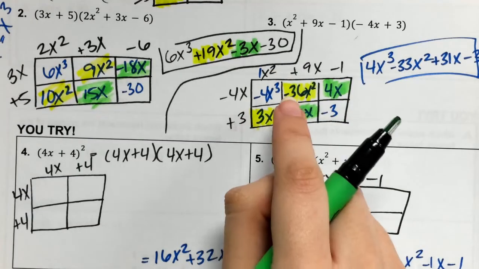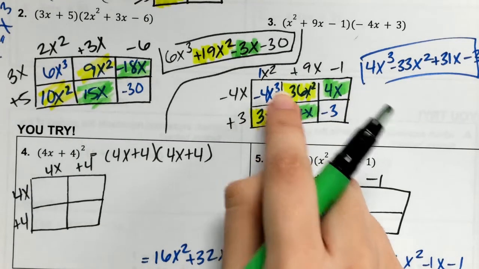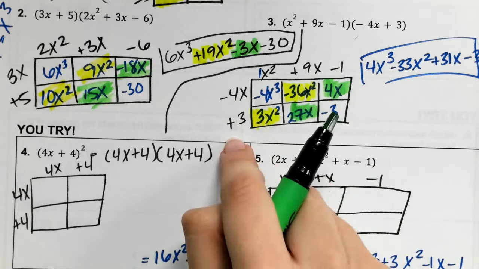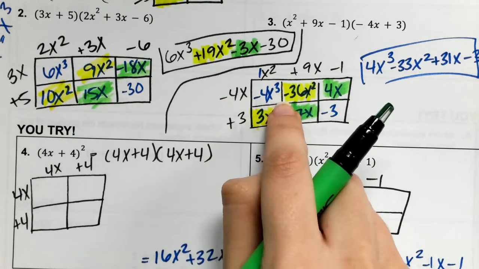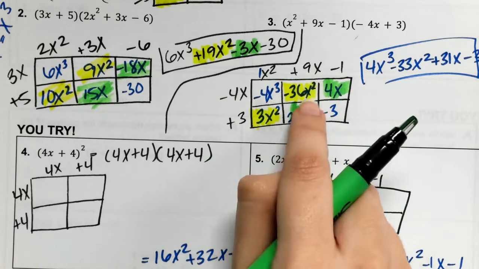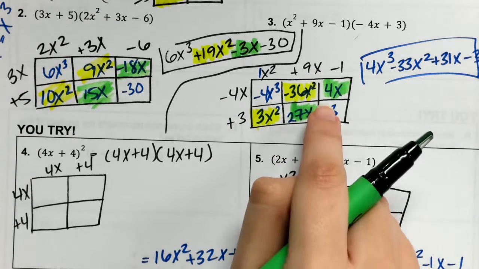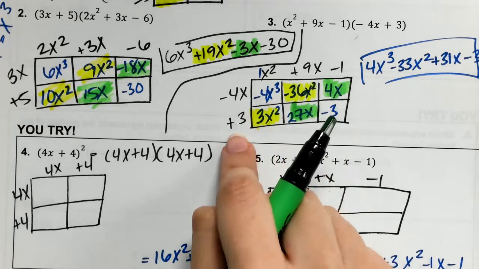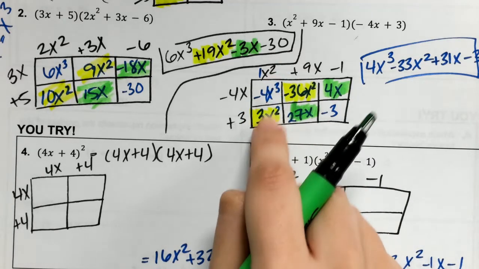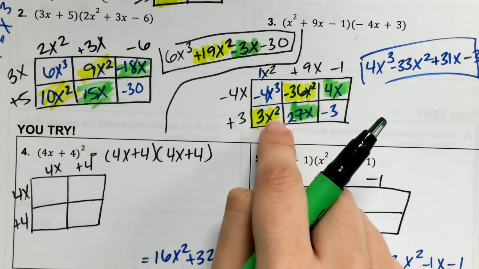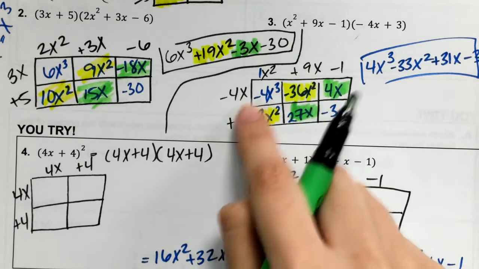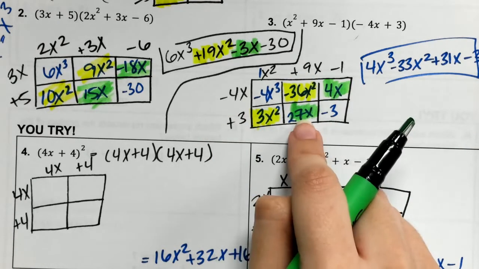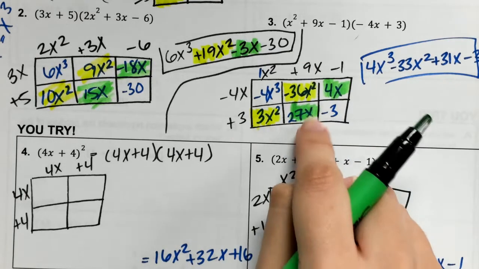X times x squared, we just learned, is x cubed. 9x times negative 4x, well, 9 times negative 4 is negative 36. X times x is x squared. Negative 1 times negative 4x is positive 4x. Keep the x. 1x squared times 3 is 3x squared, because you have an x squared, so the x squared gets brought down. 9x times 3, 3 times 9 is 27. Keep the x. Negative 1 times 3 is negative 3.